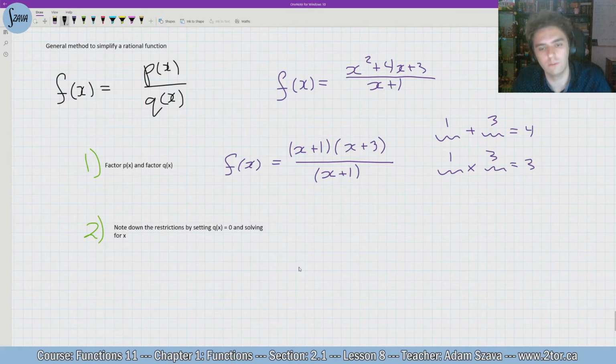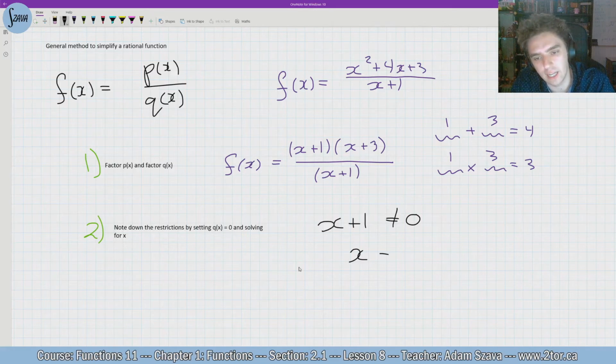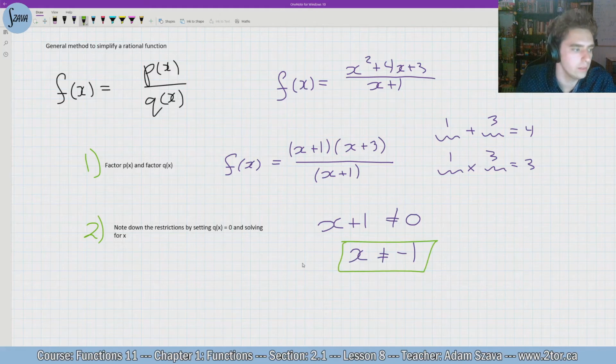So we're taking the denominator, x plus 1, setting it equal to 0, but we want it to not equal 0. That's why I put the not here. And we want to just solve for x here. So x cannot equal -1. There is our step number 2. I'm going to make that purple because that's the example. So there's our restriction noted down.